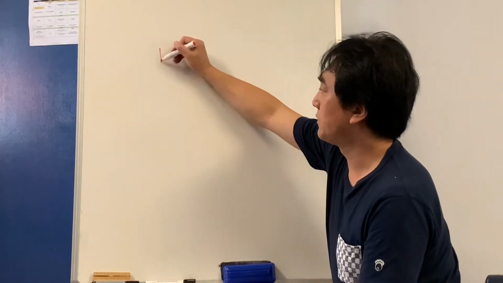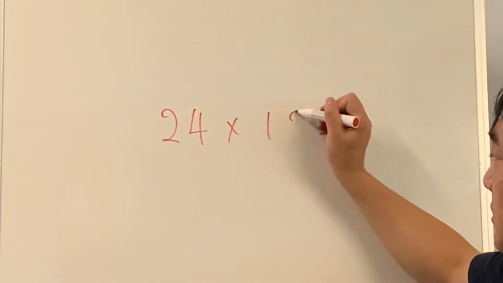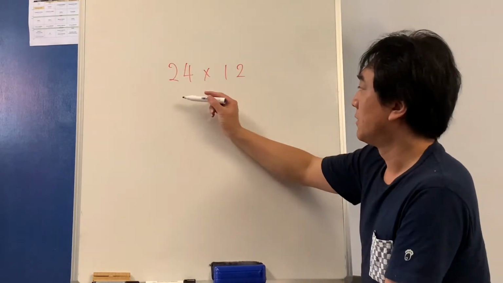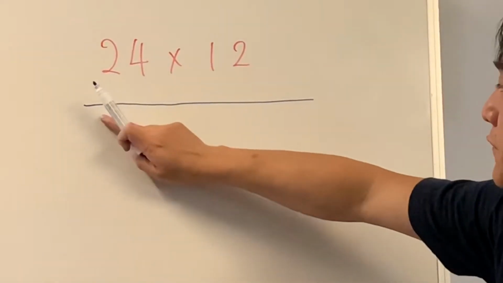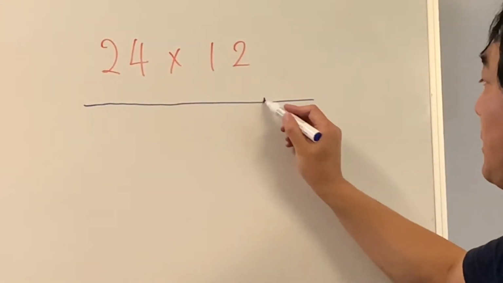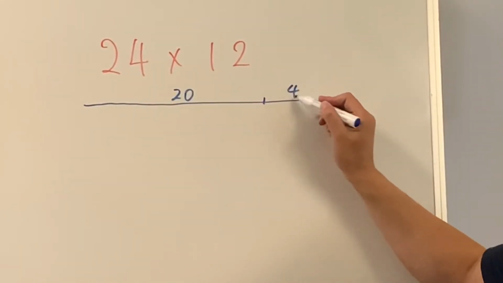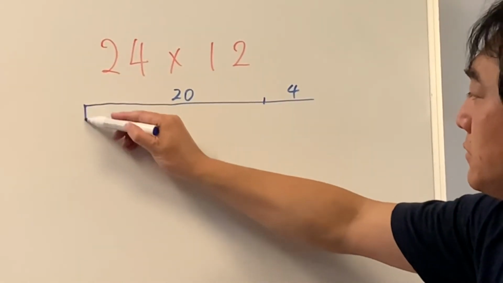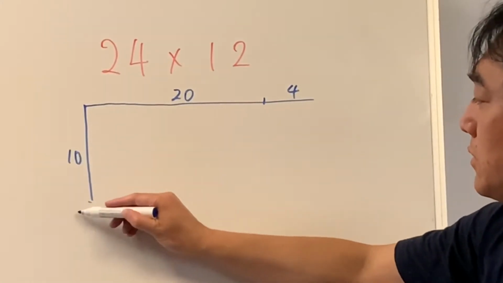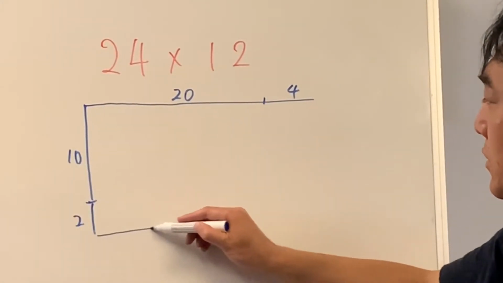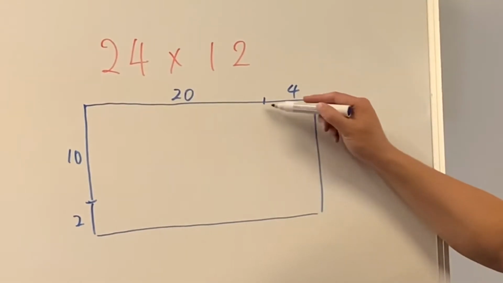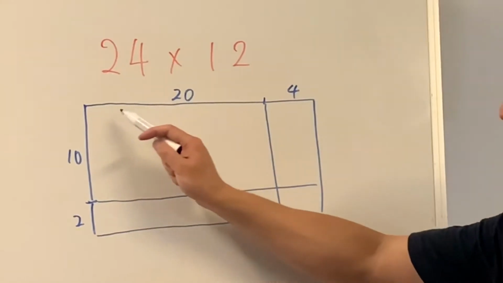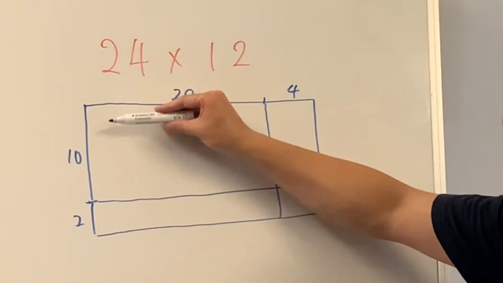Now we have 24 times 12. So imagine we have 24 dots this way, 24 dots this way. Then I have 12 rows of dots going down. Can you see I need 20 dots here, 10 rows.